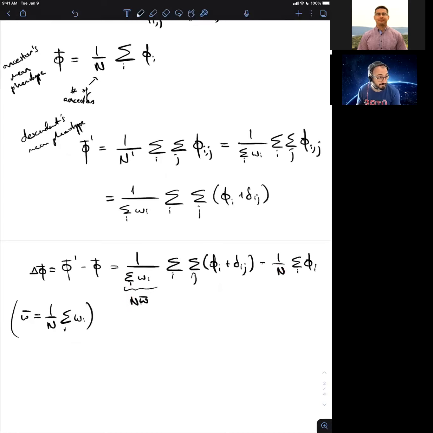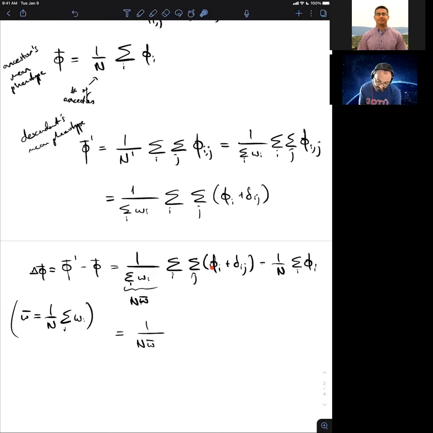The next thing you can do is, so you will have n W bar. Now you have phi i here in a sum over j. Phi i, the ancestor's phenotype, doesn't depend on which descendant you're looking at. It doesn't depend on j. So you can take phi i out of this sum and leave the sum over j only for the delta.